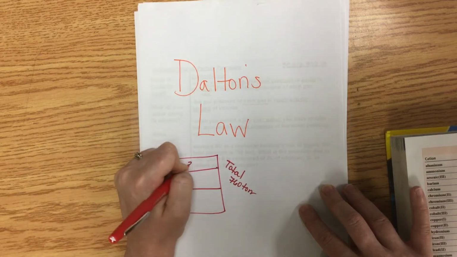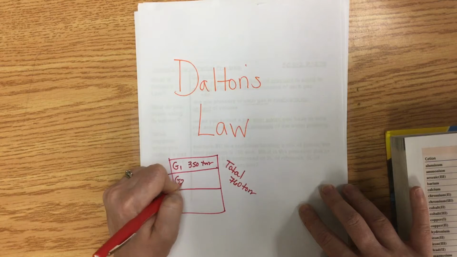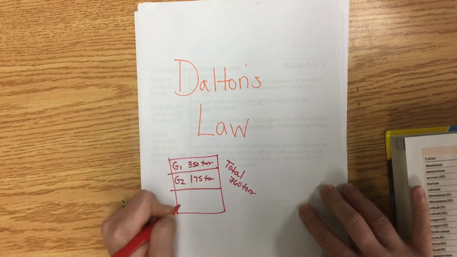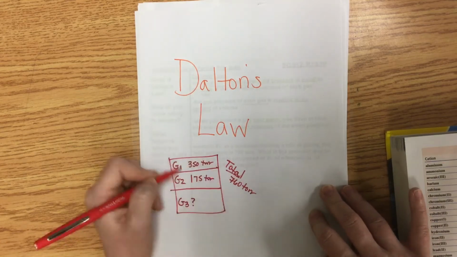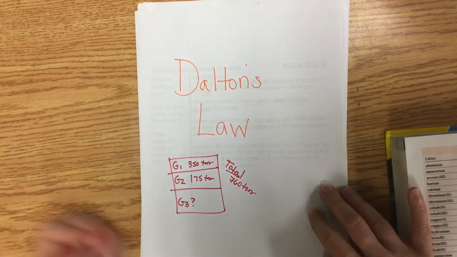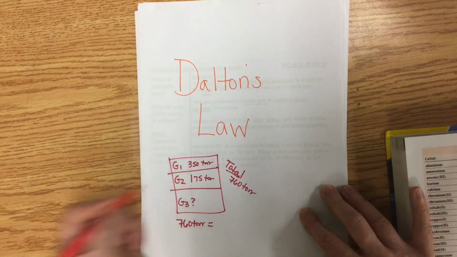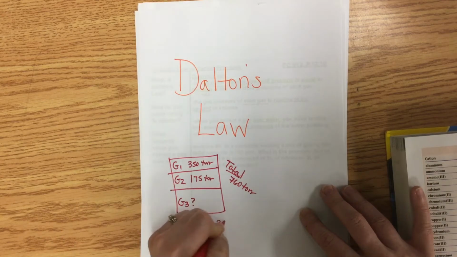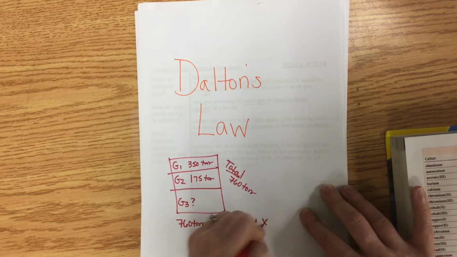Gas 1 is 350 torr, gas 2 takes up 175 torr, and they want to know, well, what is the pressure of gas 3? Well, we know that the total pressure is equal to the sum of all of these. So 760 torr, the total pressure, would be equal to the pressure of gas 1, gas 2, and gas 3. So that would be 350 plus 175 plus our unknown.